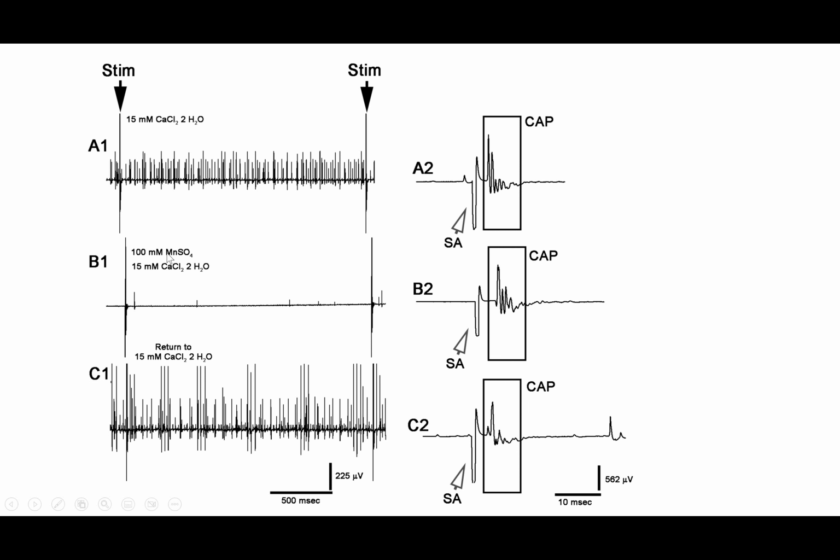It doesn't seem like zinc's doing that because we still get hyperactivity, so it's probably not blocking the stretch-activated ion channels in the sensory endings, but maybe it's doing something on the nerve itself, acting like zero calcium and not allowing the calcium-activated potassium channel to work, and therefore it makes the cells more excitable. So I think that's what's happening with zinc.